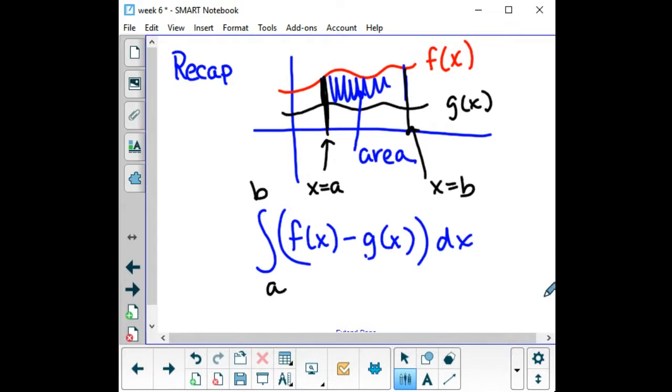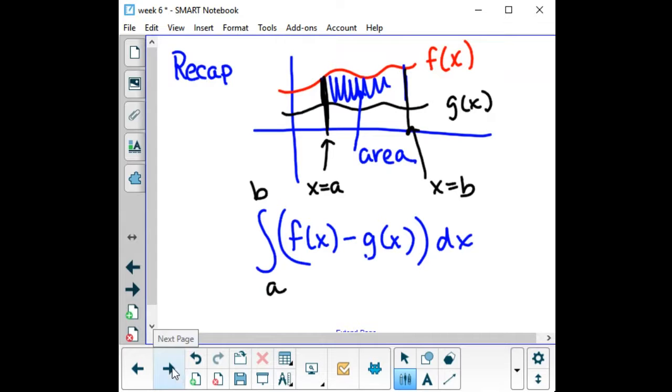Okay, so that was what last week's lesson was. Let's calculate these areas. Here's an F, here's a G, here's the boundaries, calculate the area. In some problems, the boundaries were created because the functions intersected. Some problems we were given the boundaries, but this was the idea last week, calculating this area through this integration process.